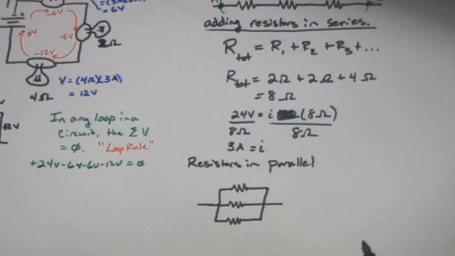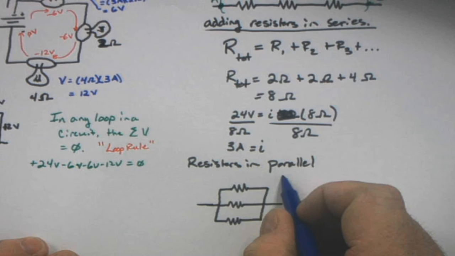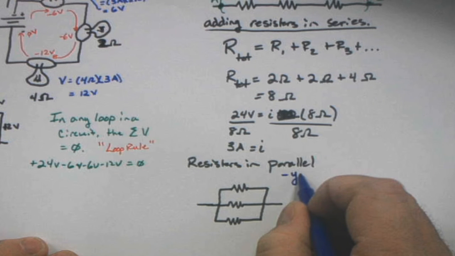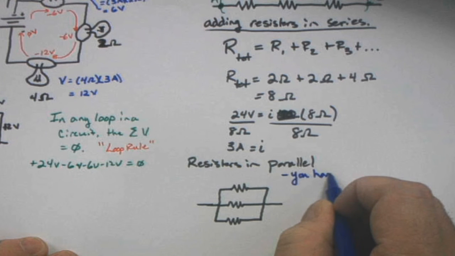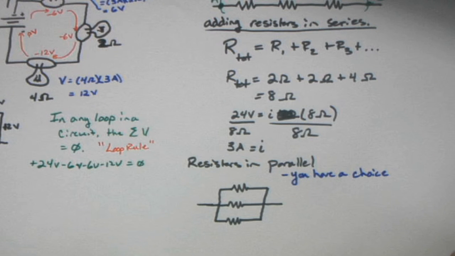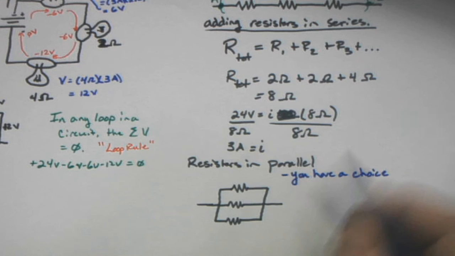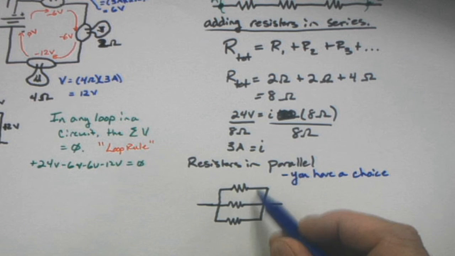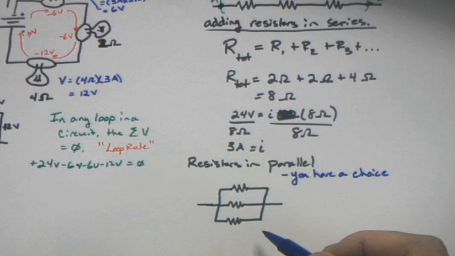In this case, you have a choice. You can go through any one of these branches to get to the other side.